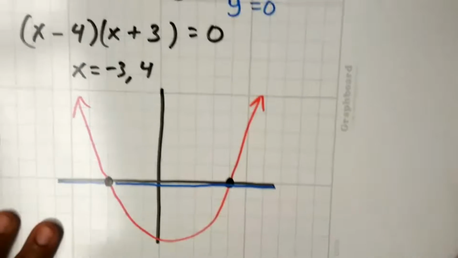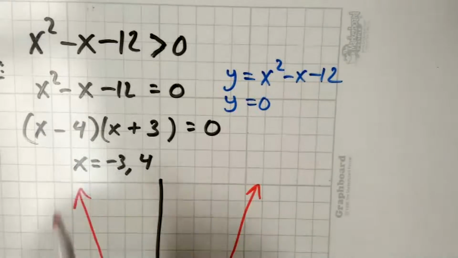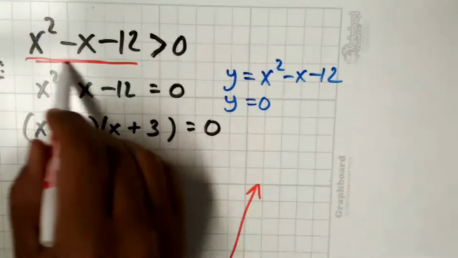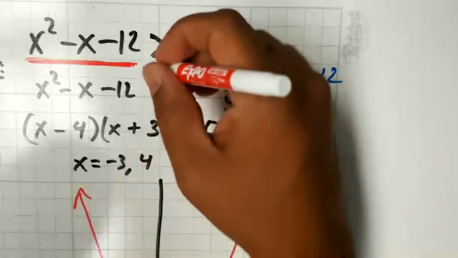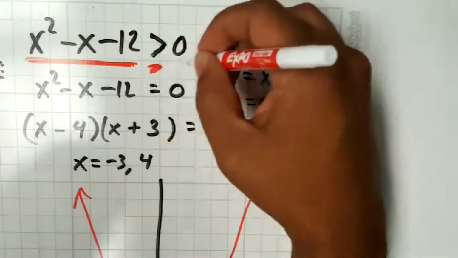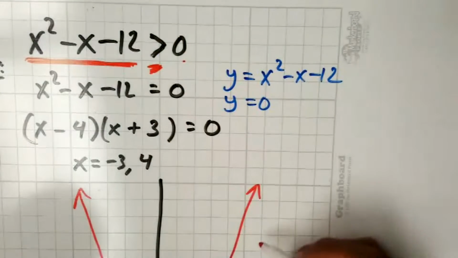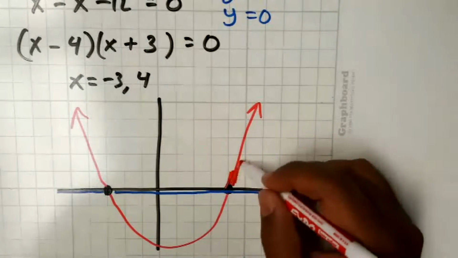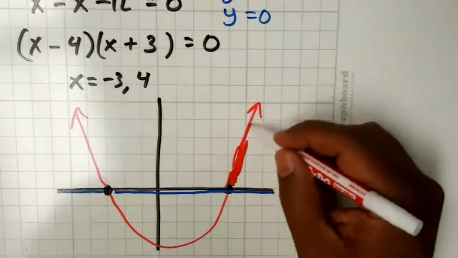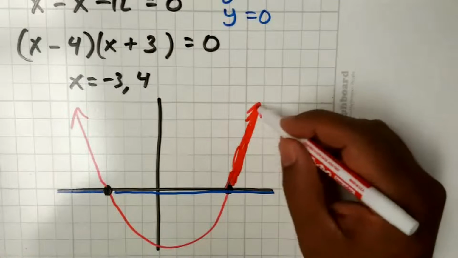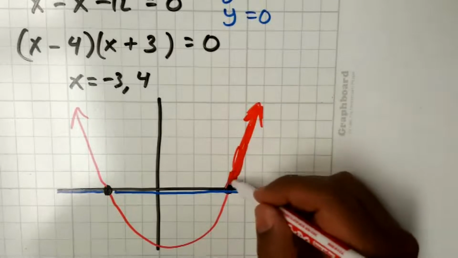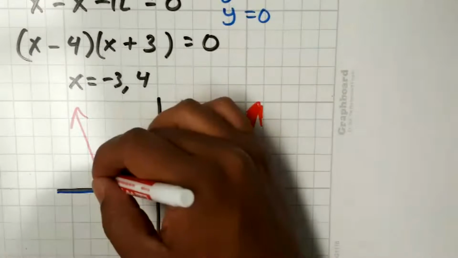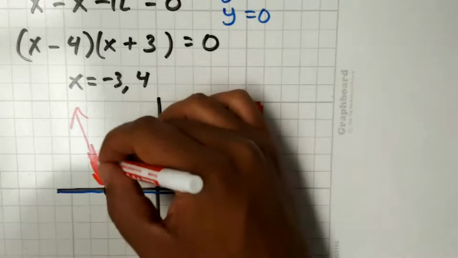Because if you go back to the original question, they want to know, when is this function greater than 0? Well, that would be all of this. So this function's y values are greater than 0 for this piece of the function and for this piece of the function.